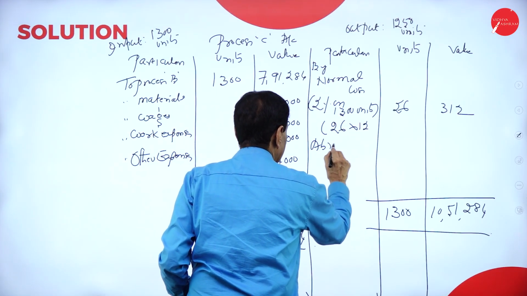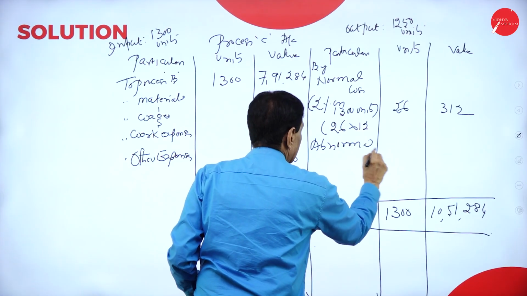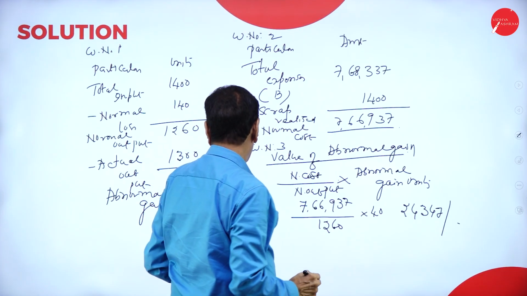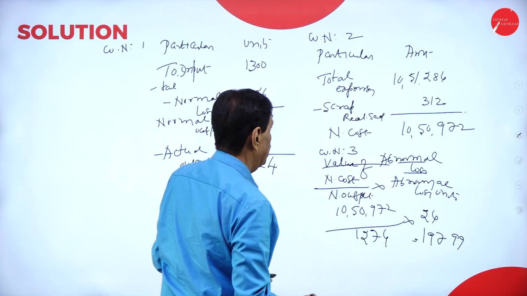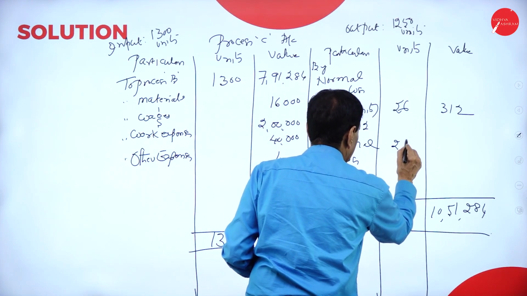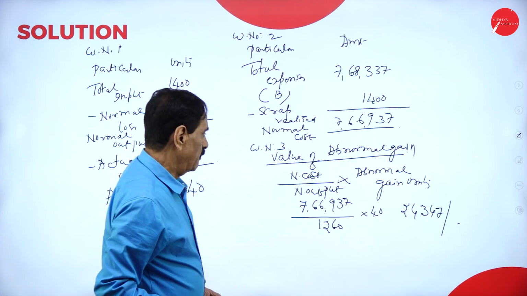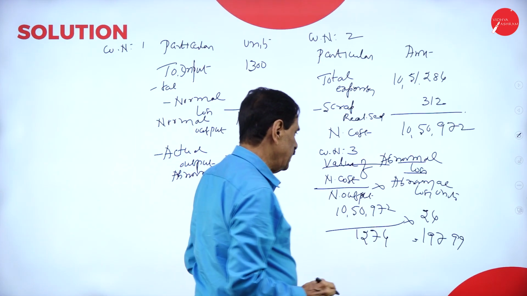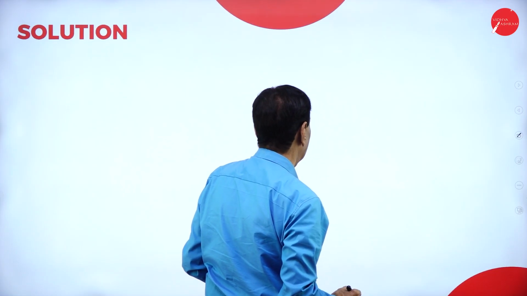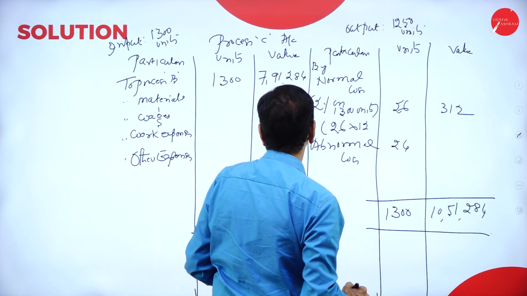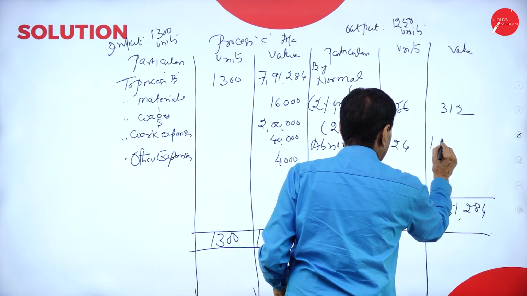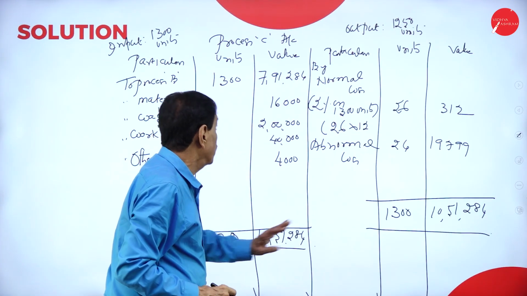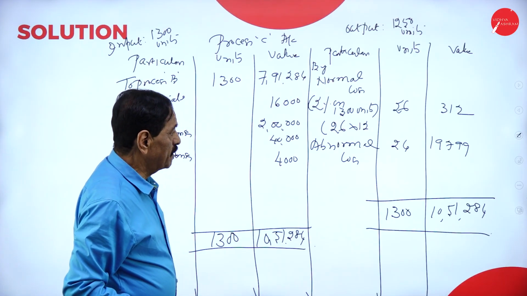Abnormal loss is 24 units. Value of abnormal loss, 24 units, 19,799.